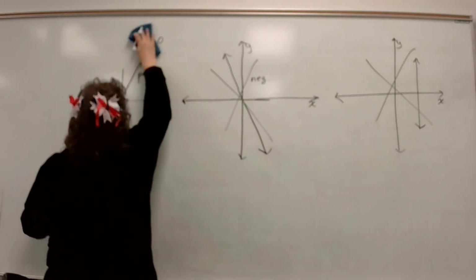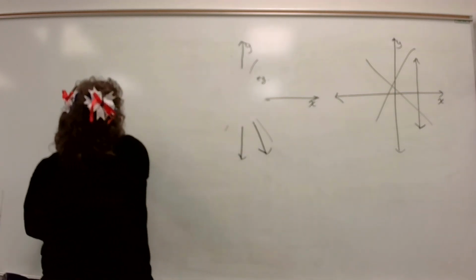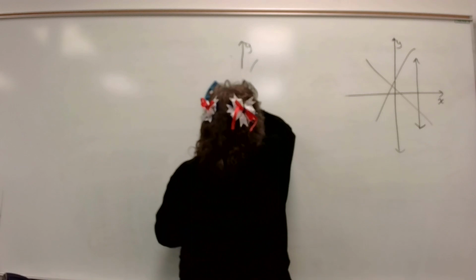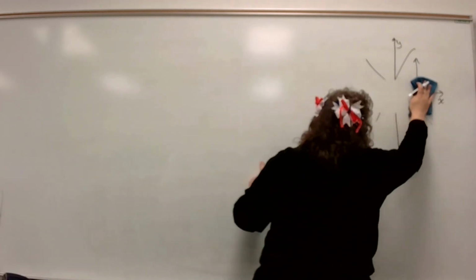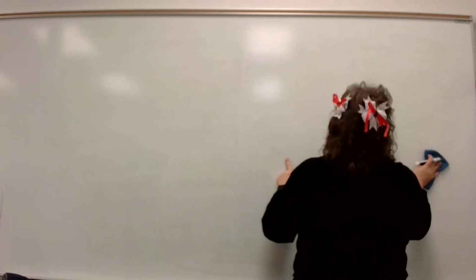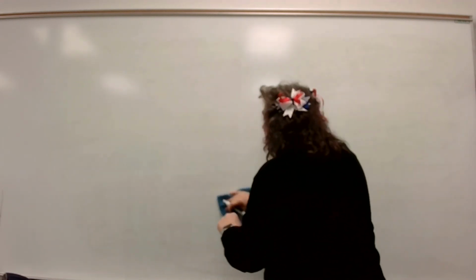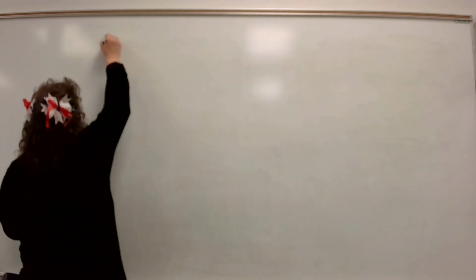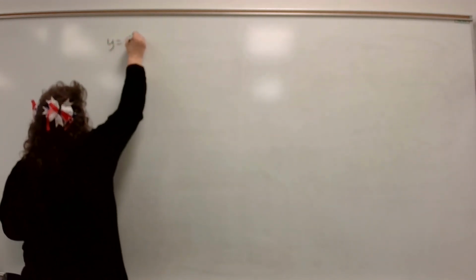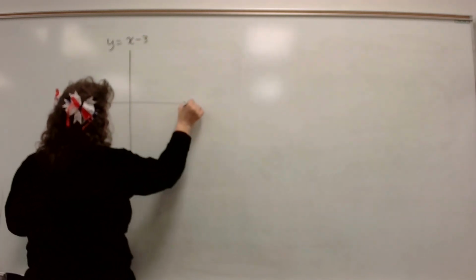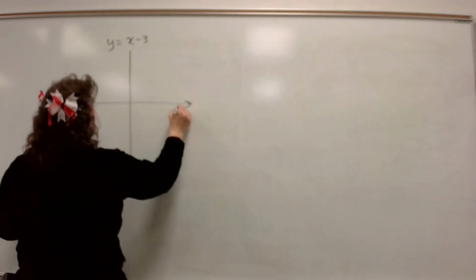Let's do one more so you can see another one. This one's going to be a little bit more complex, but we will use the same principles. We will look at what is the y-intercept and what kind of slope do we have. So, y equals x minus 3. Okay, I've got 3 possibilities drawn for you.